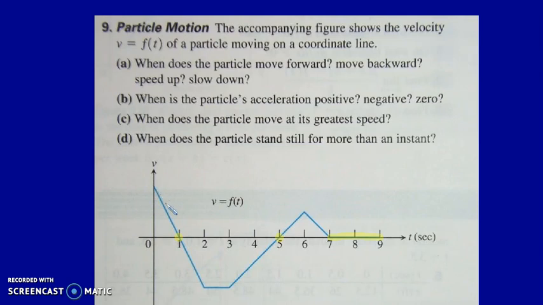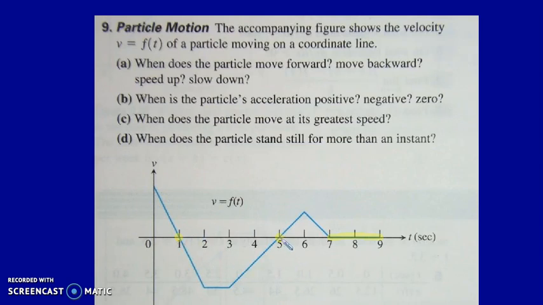It was moving in the positive direction, and then it changed direction really quick, and then it started to move in the negative direction. So at t equals 1, the particle did not stand still for more than an instant. It actually just stood still for an instant.